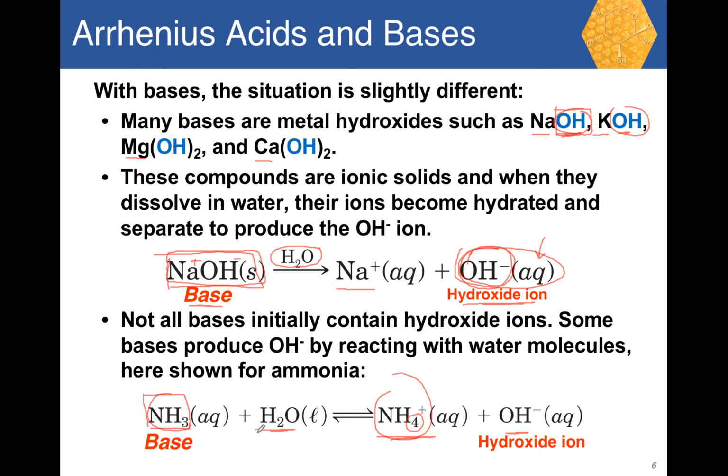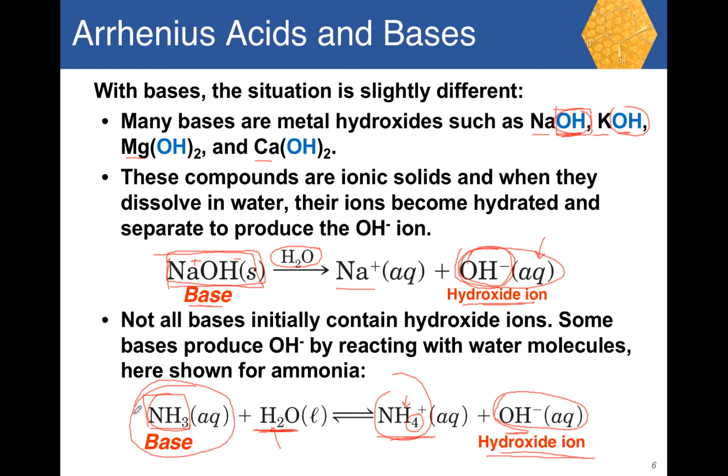The other aspect here is that this is water, and water will react here to give up that H. So here's that H that's given up from water. So what's left behind is OH negative, which is the hydroxide ion. So therefore, this is described as a base, NH3.